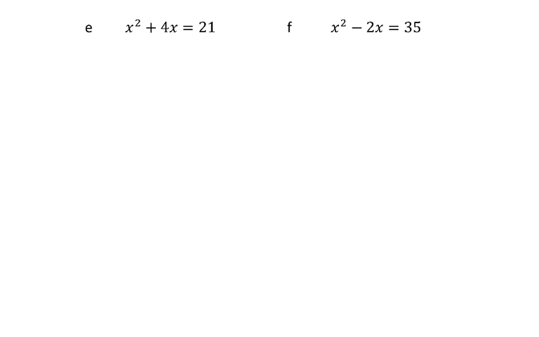Moving on to E, we cannot do question E at the moment. We do not equal 0. So we need to actually move this 21 over to the other side. We'll subtract 21 from both sides. With no like terms on the left, we're just going to be left with x squared plus 4x minus 21. And yes, we do need equal 0 because it is an equation. It stays an equation.